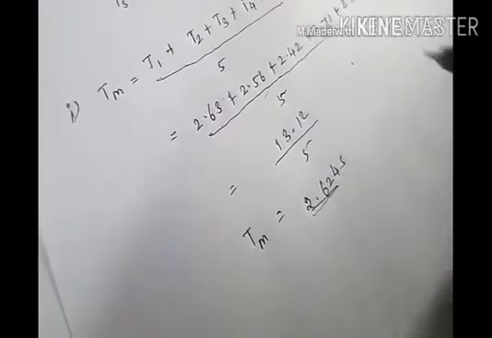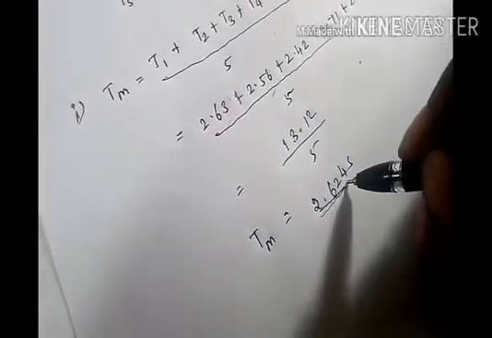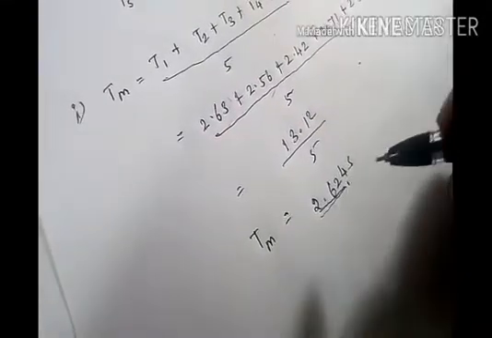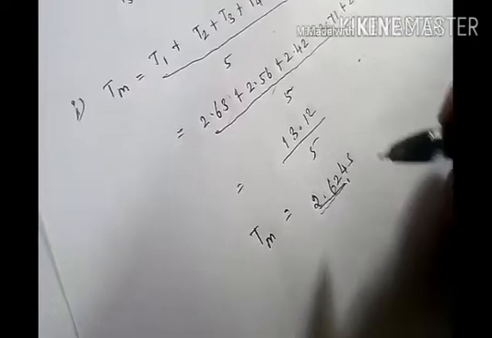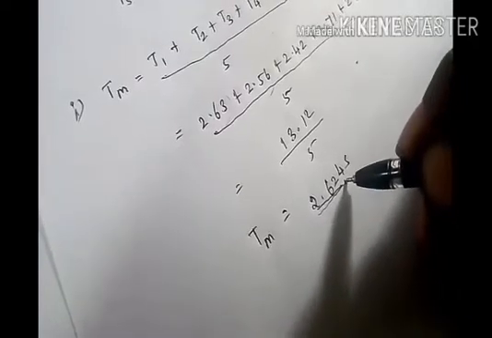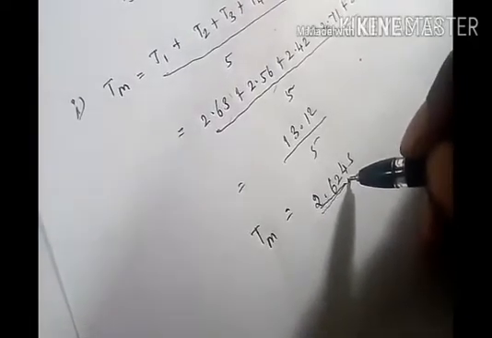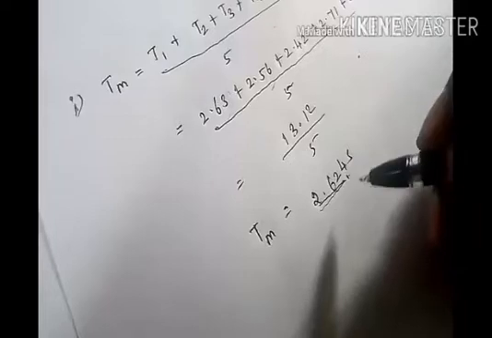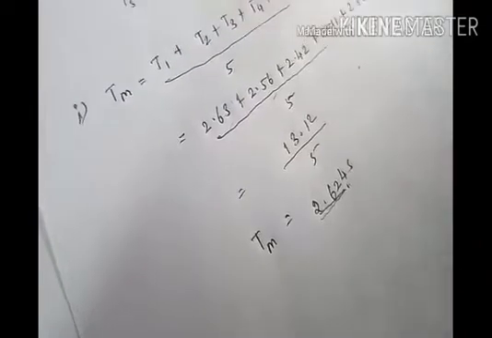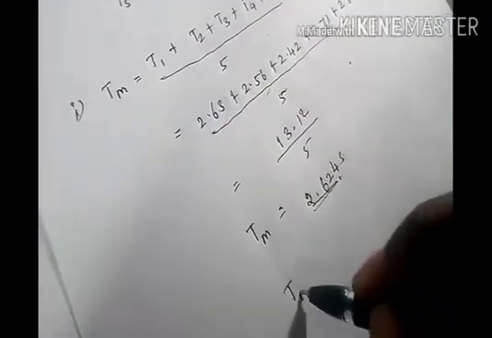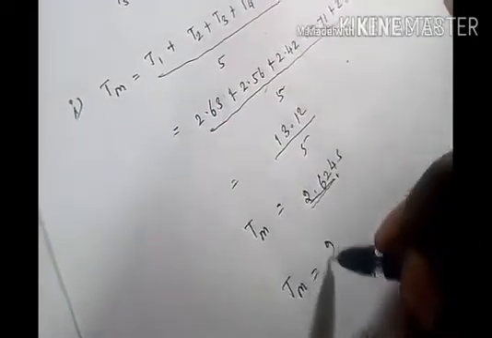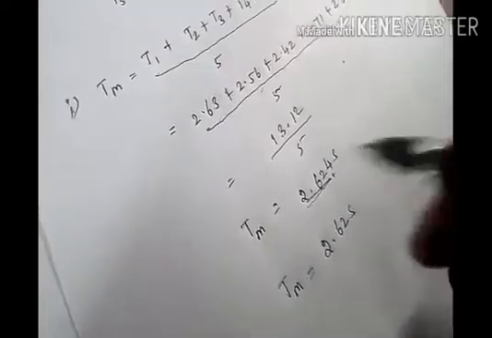So you have to see the last digit, which is 4. That last digit will drop, since 4 is less than 5, so you can write the number as it is. So Tm equal to 2.62 second.